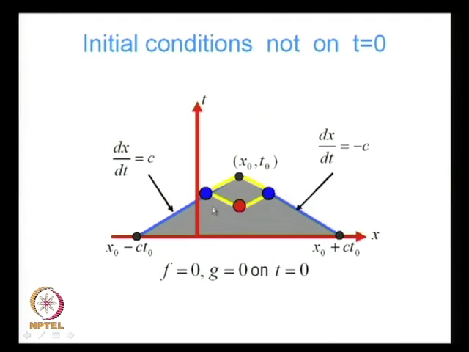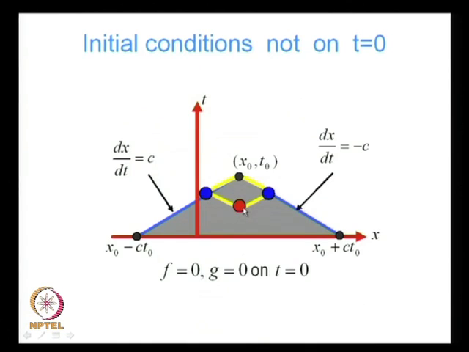So, for instance, if there is some disturbance at this red point, for that to affect the solution at x0, t0, it has to traverse along the characteristic lines passing through that red point, that is these two yellow lines. Once it reaches points on the characteristic lines passing through x0, t0, this information can propagate from these blue dots to this line.